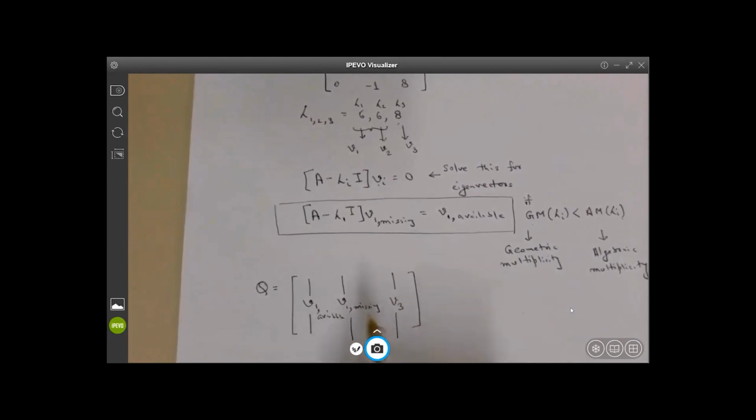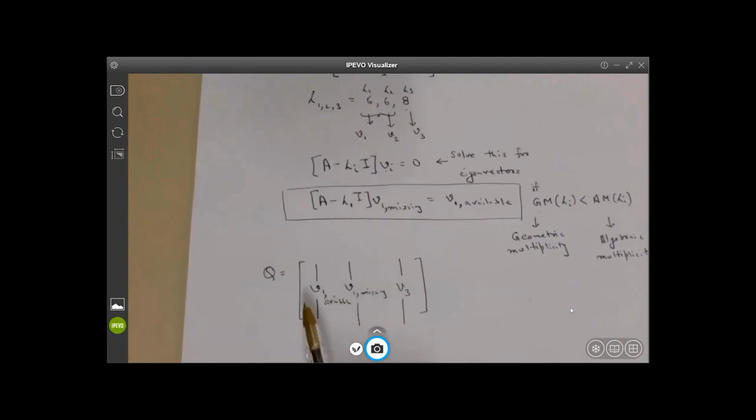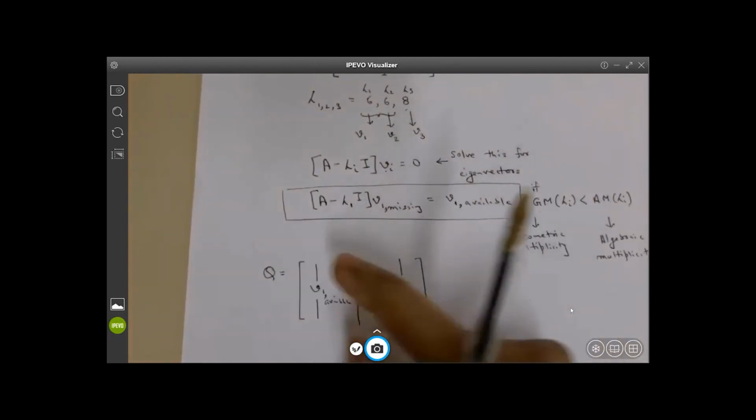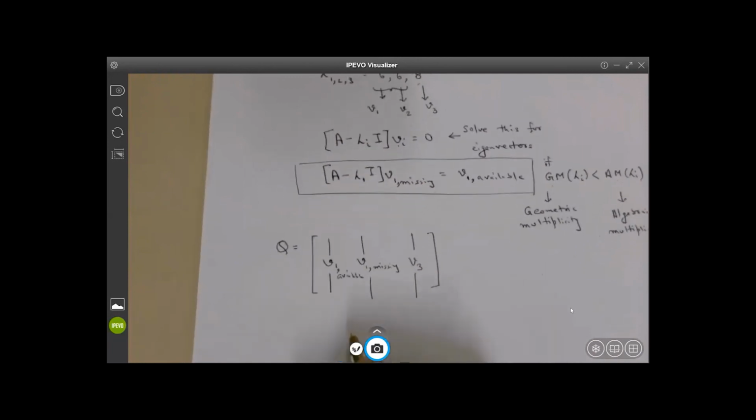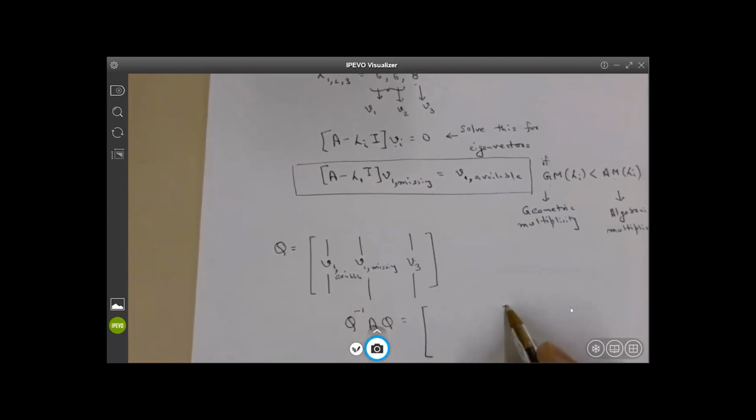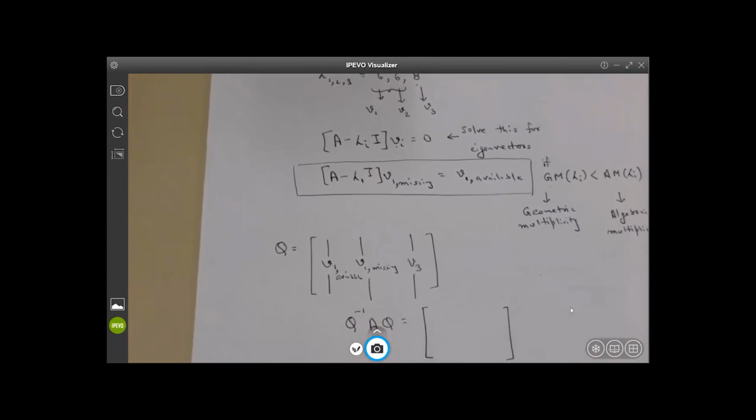Since we have three eigenvectors corresponding to this problem, we have three columns, and if we arrange the eigenvectors in these three columns, we get a specific matrix Q. We also saw that if we use the matrix multiplication Q inverse AQ, you end up with a Jordan matrix form, which, let me rewrite it from what we saw.